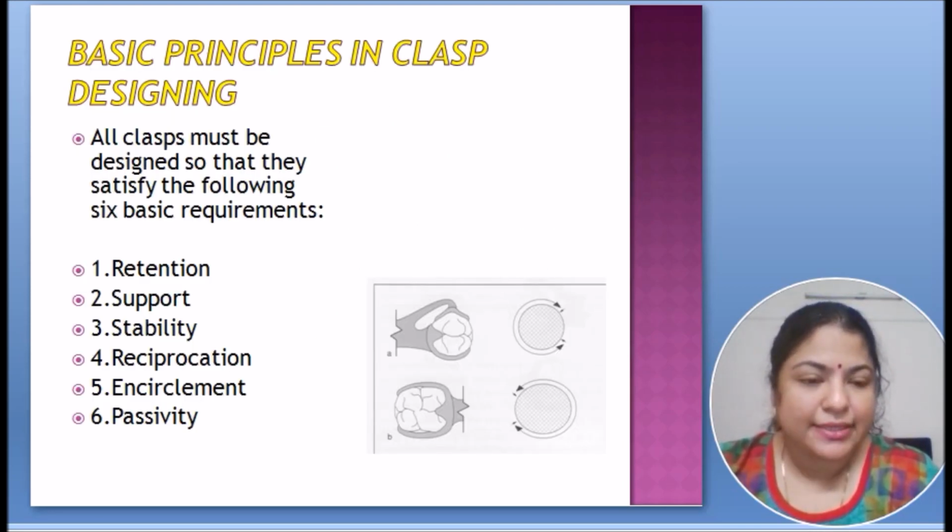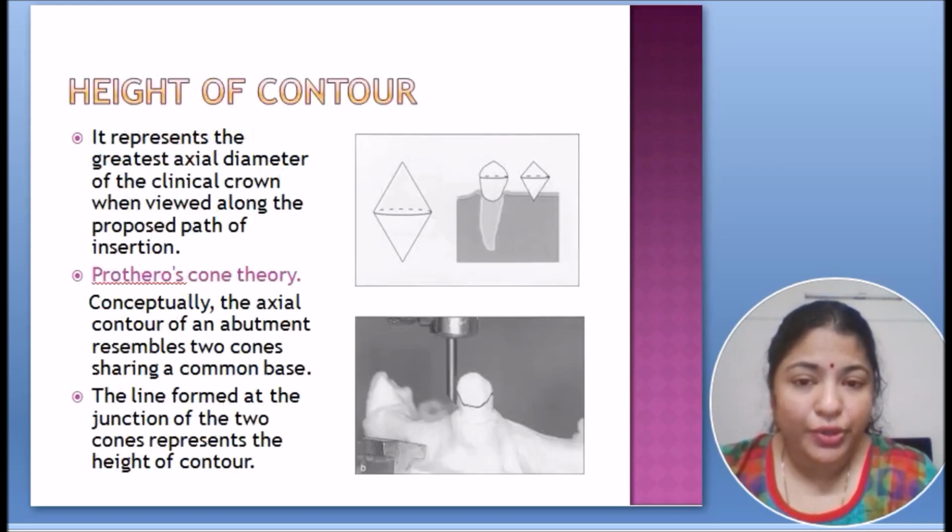So the basic principles in clasp designing are: the design should be such that the 6 basic requirements of retention, support, stability, reciprocation, encirclement and passivity should be achieved. Now here a very important aspect is the height of contour. What is the height of contour?